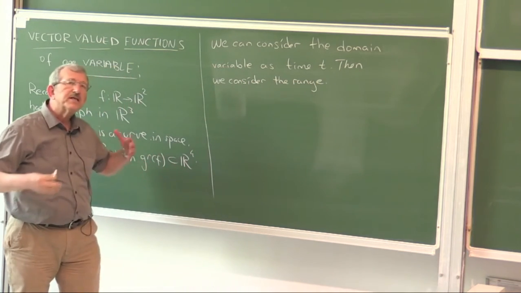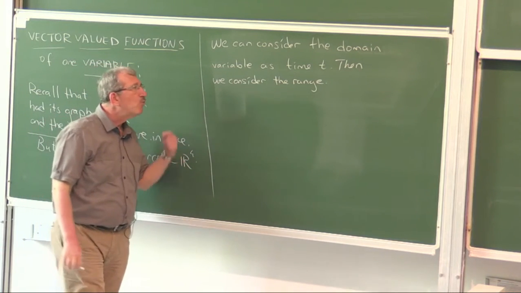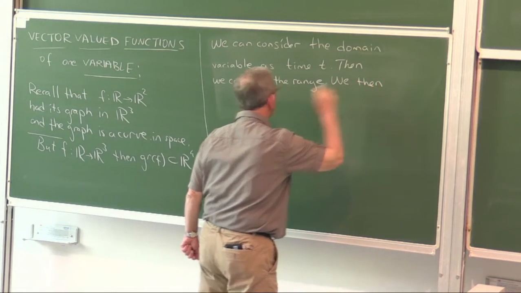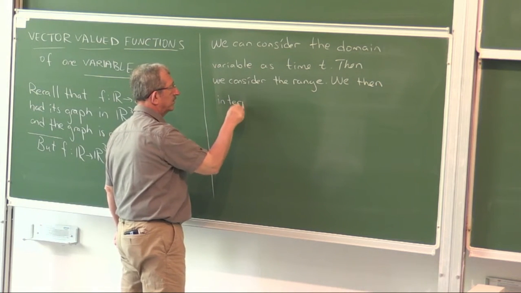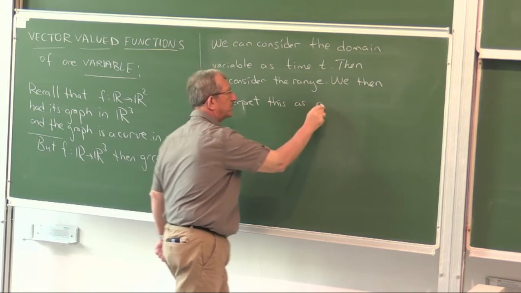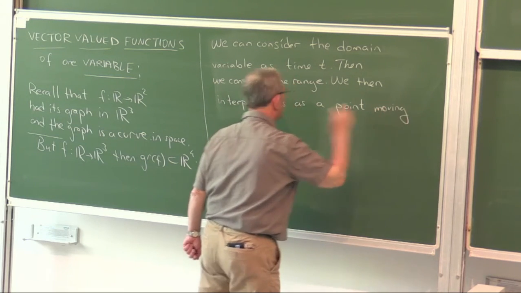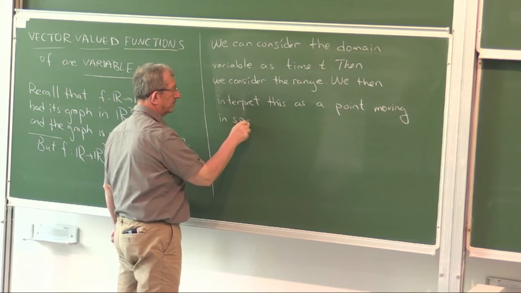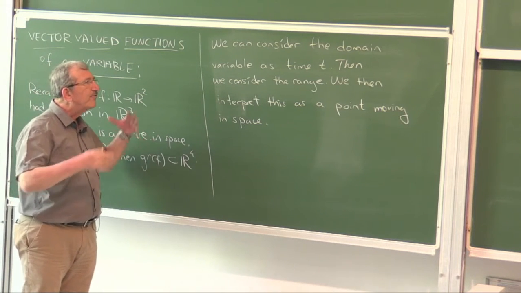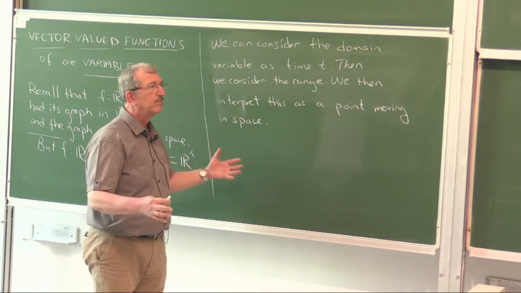So physically, this gives us a point, that's the position, moving in time. We then interpret this as a point moving in space. So this way, just by looking at the range, for a fixed t, we can then obtain a curve.